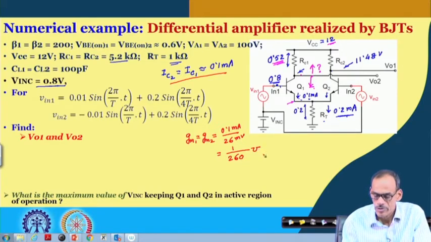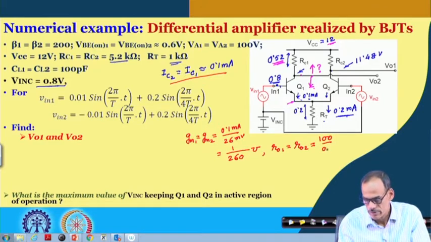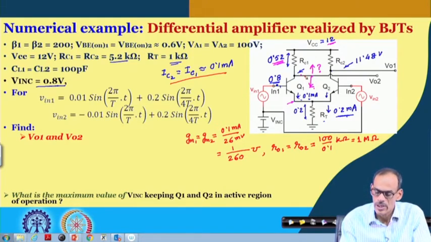Of course, the resistances RO1 and RO2 are also quite high. Both of them are 100 divided by 0.1 K, so that means 1 mega ohm, but it does not have any influence on the gain, because the output resistance is dominated by this passive resistance.